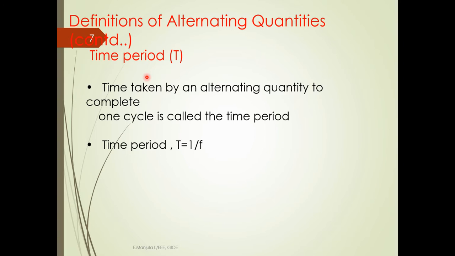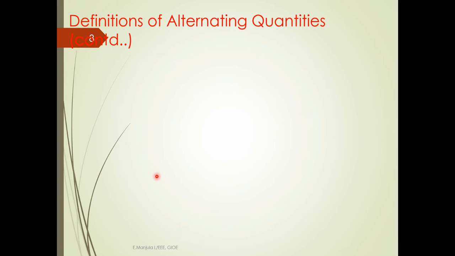What is a time period? Time period is denoted by capital T, and the time taken by an alternating quantity to complete one cycle is called the time period. So the time period T is equal to 1 by F, vice versa. Okay, F is equal to 1 by T and T is equal to 1 by F. And the unit is seconds.